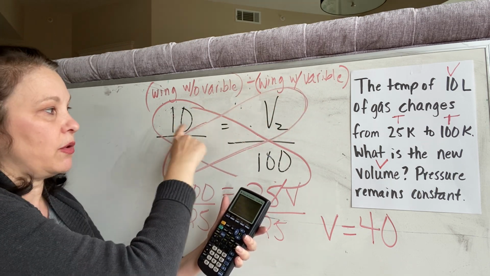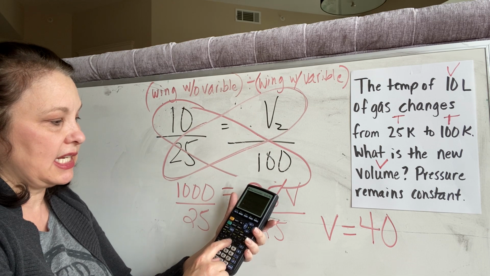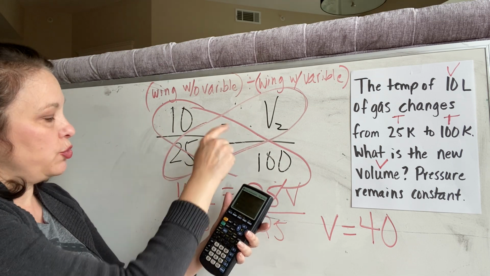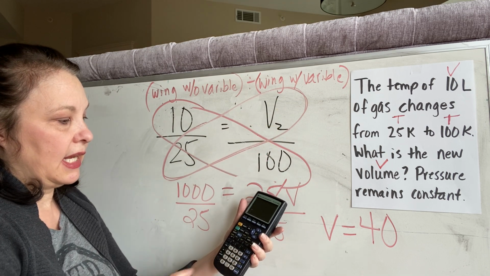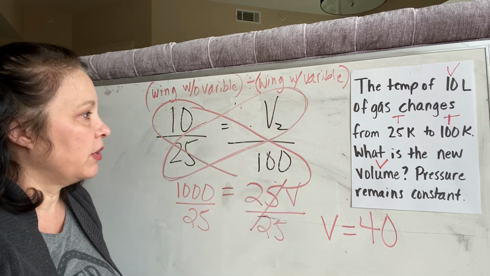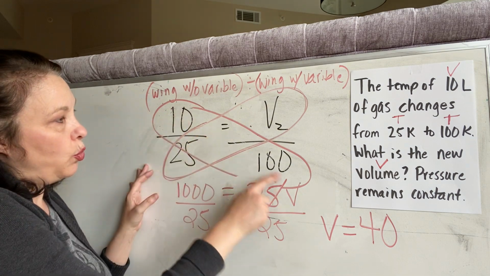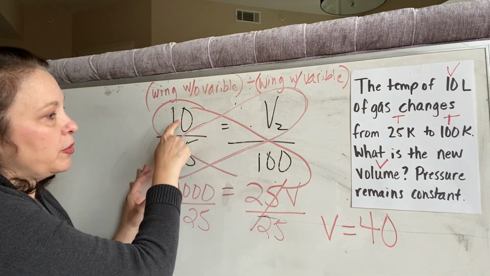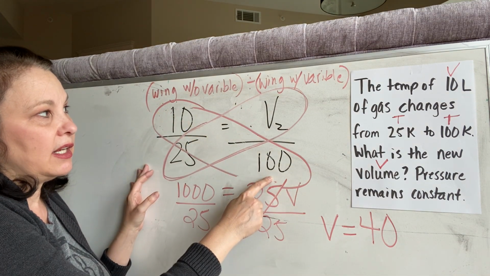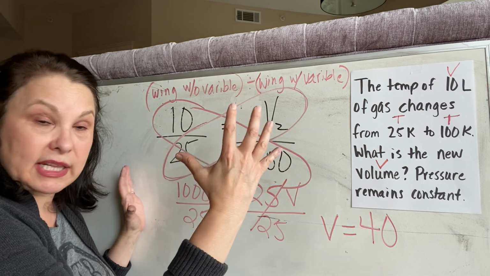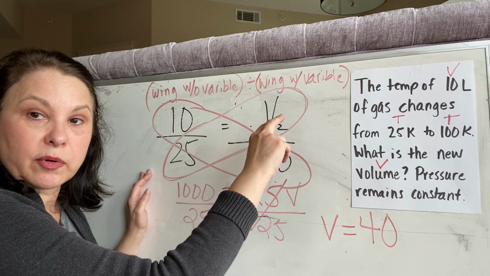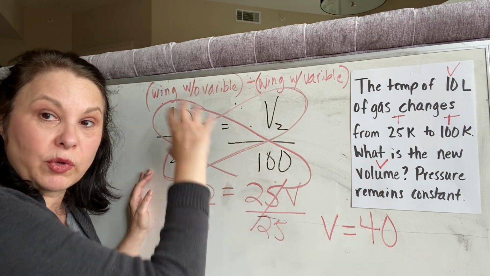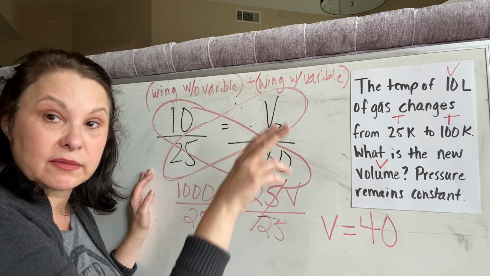Everything has to be in its own set of parentheses. So parentheses 25. And you get 40, okay? So again, enter the wing without the variable, 10 times 100, divided by parentheses wing with the variable, okay? Wing without divided by wing with.